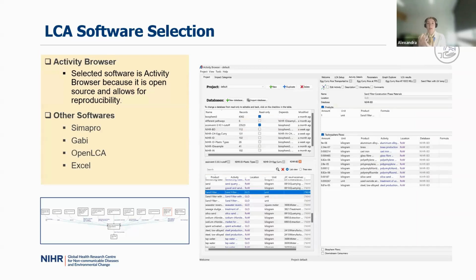Another thing that is entirely up to you is the software. A lot of the software you need to pay for, but you don't even need to use specific software. If you have the data, if you have the associated emissions with each product, you can even do it on Excel.